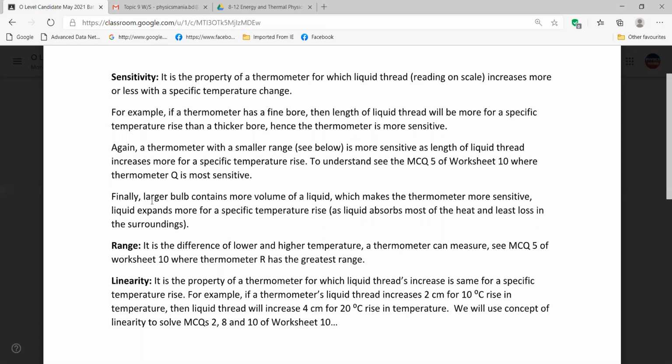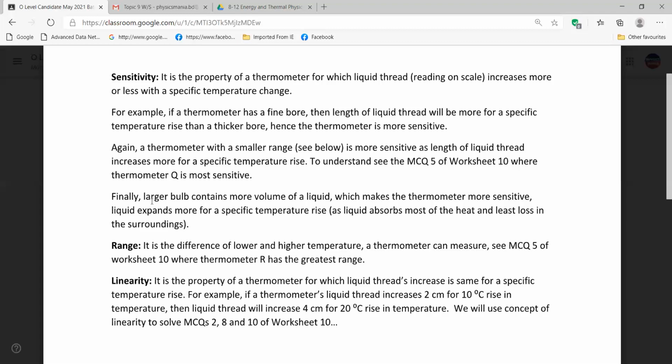Yes, sir. Done. Okay, if your bulb has more liquid, that means your bulb is larger and your bulb can contain more liquid, right? Yes. So what can this liquid do? This liquid can absorb more heat from the surroundings, right? Yes. And if the liquid is taking more heat from the surroundings, it will expand more. If the liquid is expanding more, then the liquid level will rise more, right?